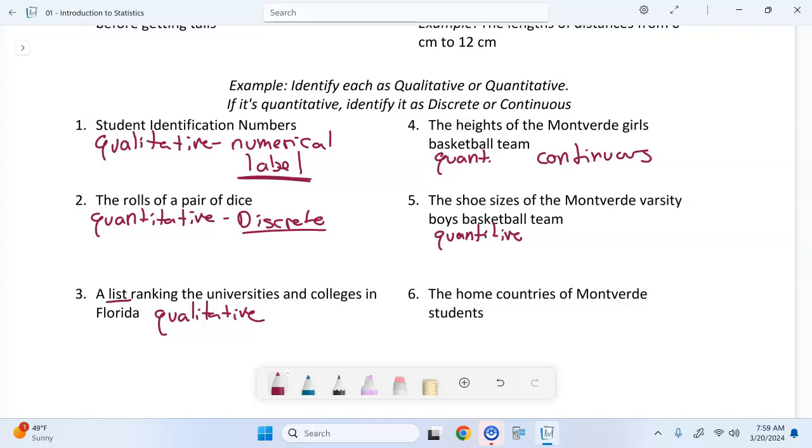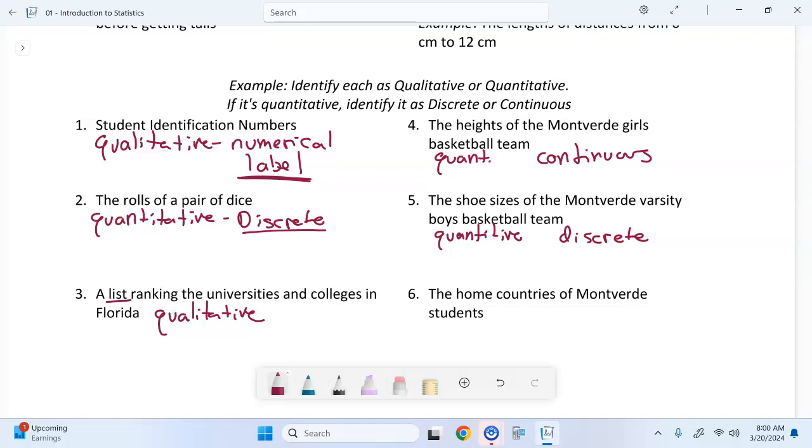You can have 10 and a half, but you can't have a 10 and a quarter shoe, right? You don't have a 10 and an eighth shoe. There's limits set on it because it's an arbitrary standard. You can have a shoe size of 10, 10 and a half, or 11, but nothing in between. So it's discrete. If I said the length of the foot, that would be continuous. But the shoe size, that's defined and discrete.